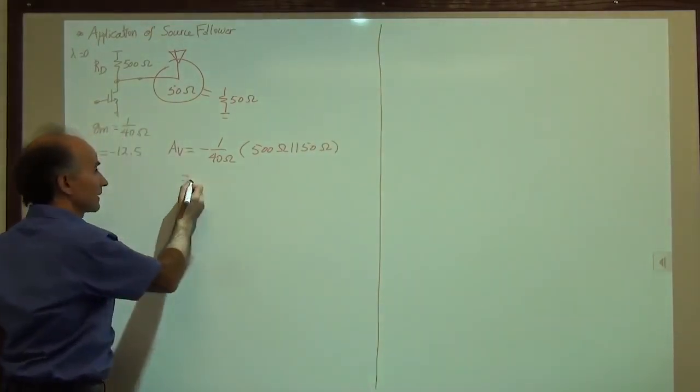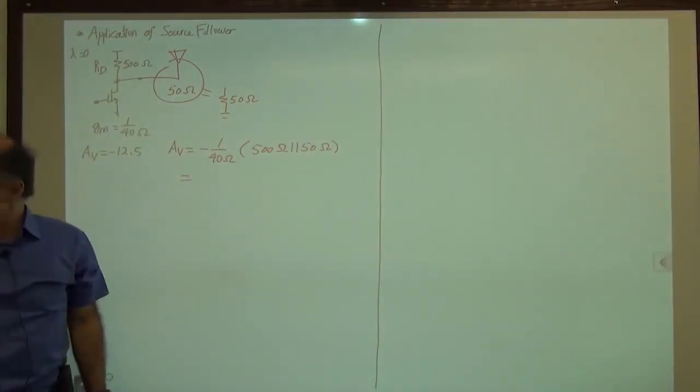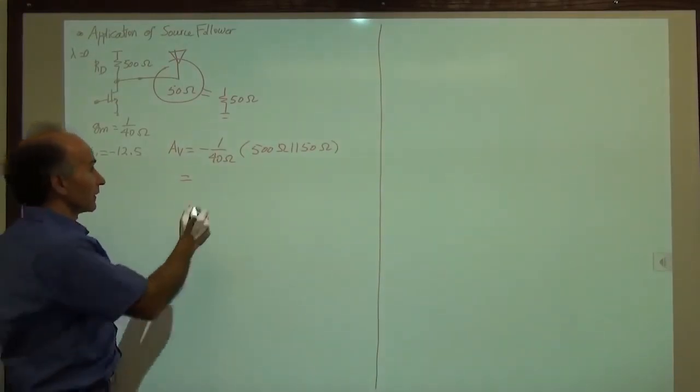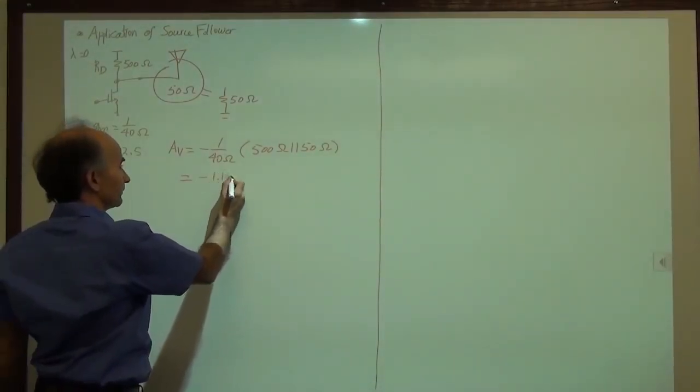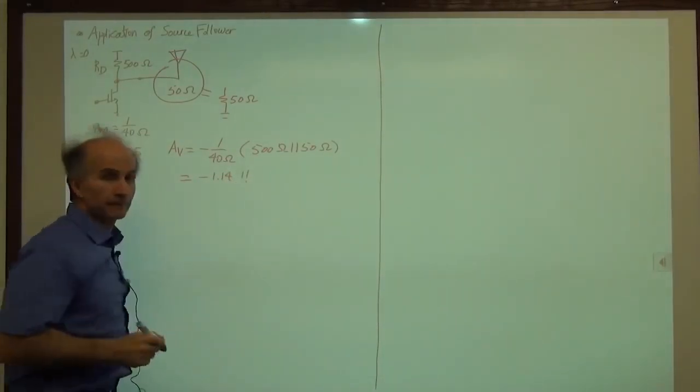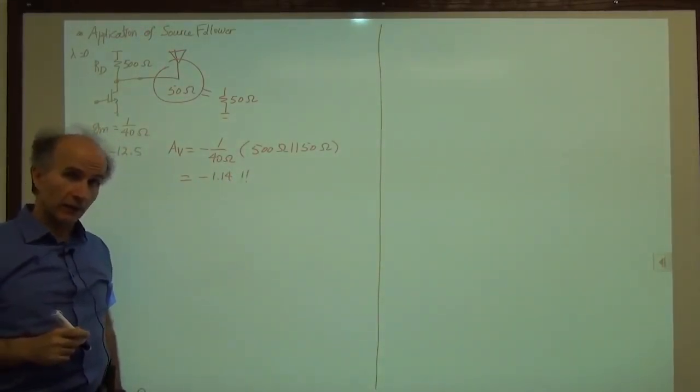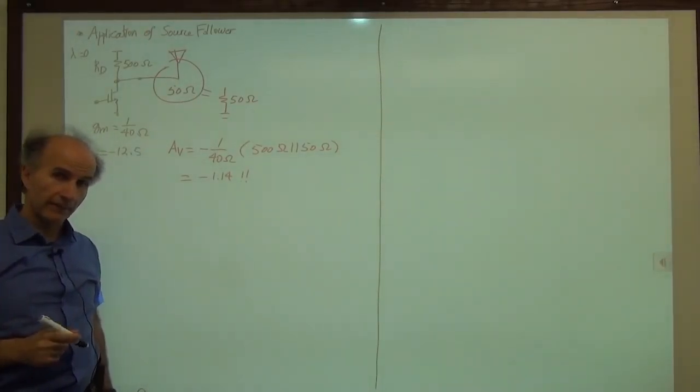And this gives us a gain of how much? We get a gain of 1.14. All right, so the gain plummeted as a result of the connection to the antenna.